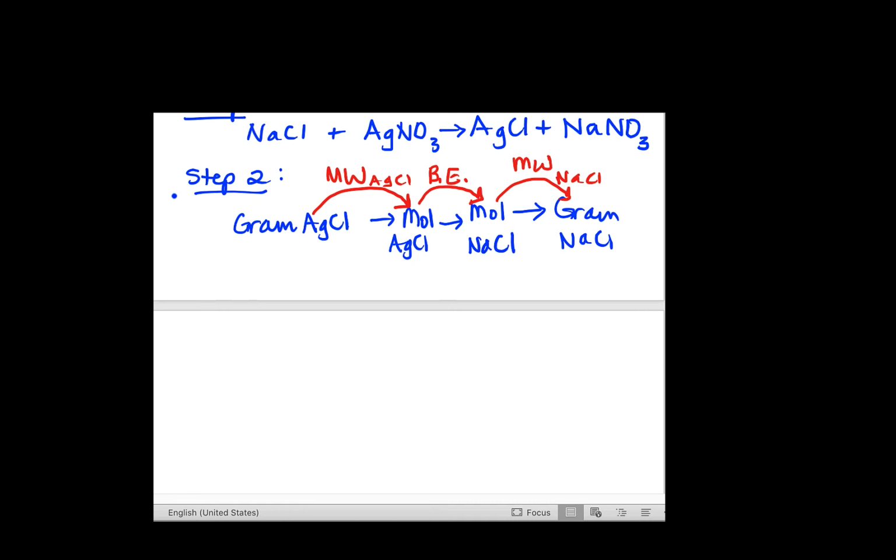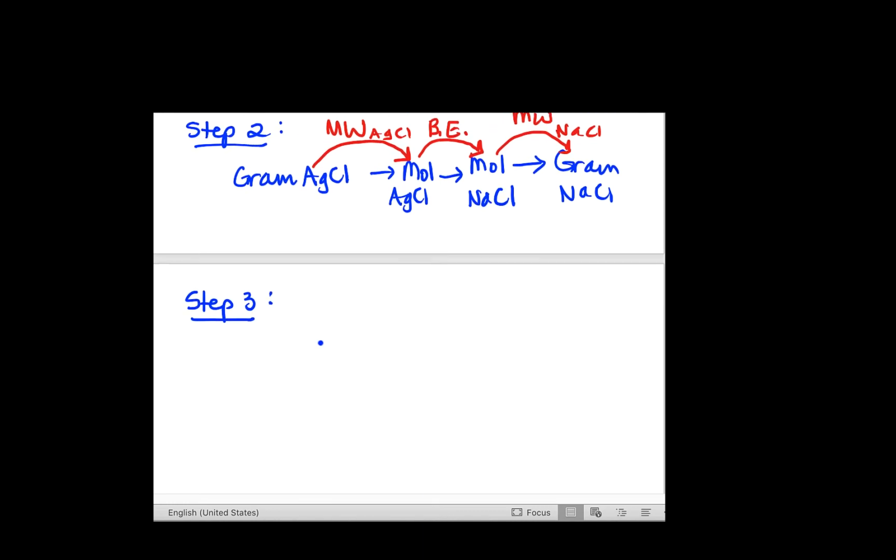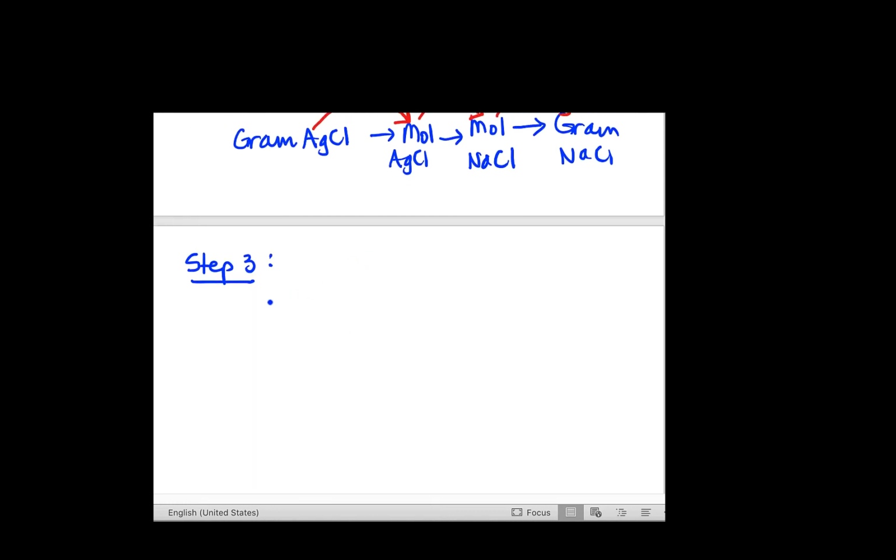In this particular problem, our step 3 is to calculate all the quantities needed to support our calculation. In this case, we need the molecular weights. Here's silver chloride. We can look up the atomic weight of silver. It's 107.87 grams per mole, and chlorine is 35.45 grams per mole.